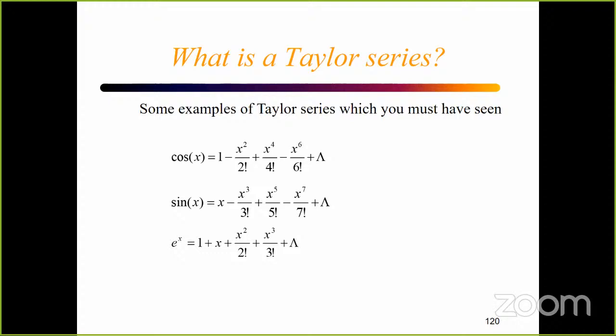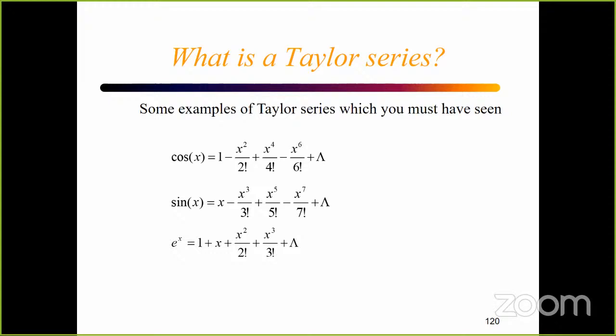Sin x is equal to x minus x cube by 3 factorial plus x to the 5 by 5 factorial minus x to the 7 by 7 factorial, alternating positive and negative signs.